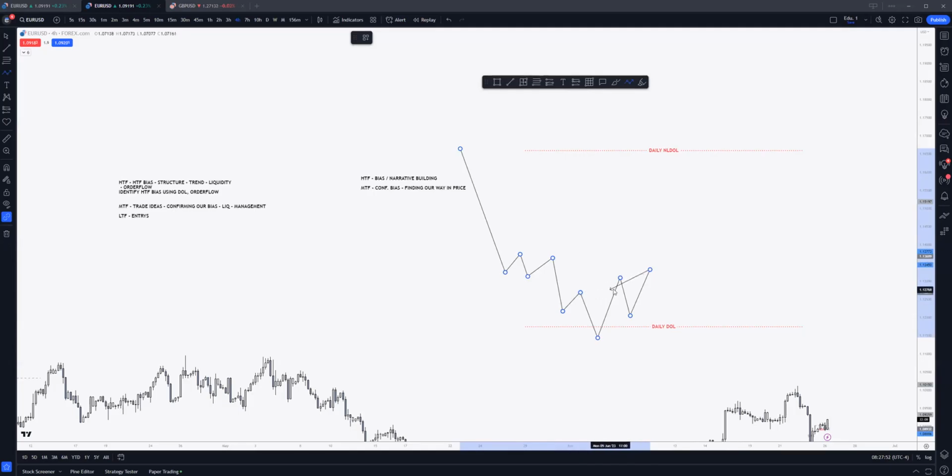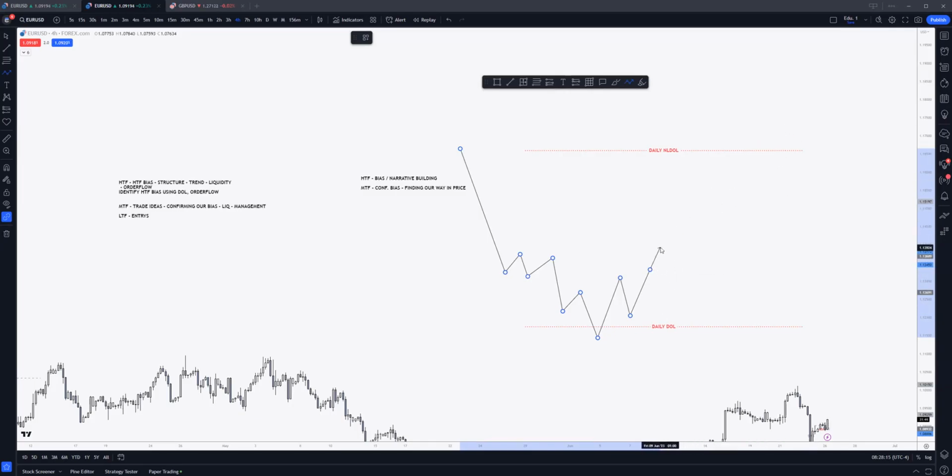Now we understand on the 4 hour that because we've broken up, we're now engaged with this bullish bias on the daily. Now we have to understand where's imbalance on the medium time frame, where is liquidity residing on the medium time frame, and what would the journey look like in order to get to this point, right?